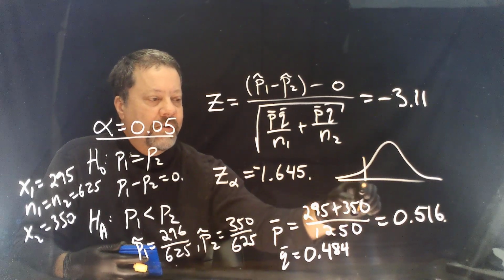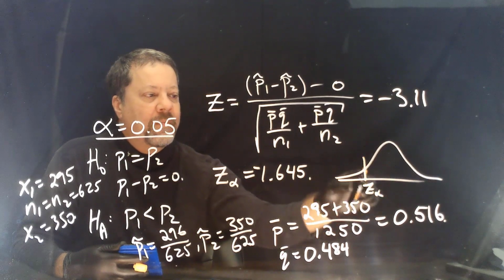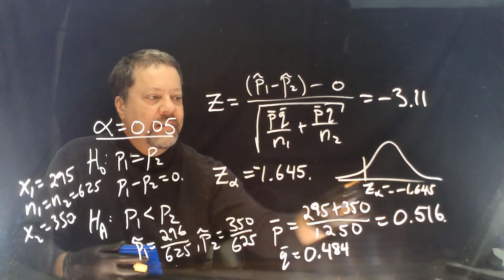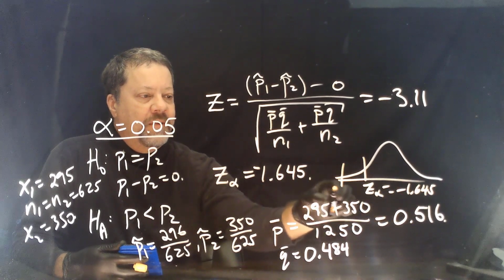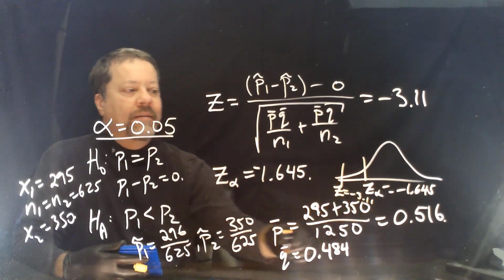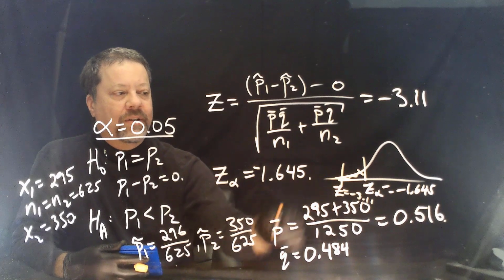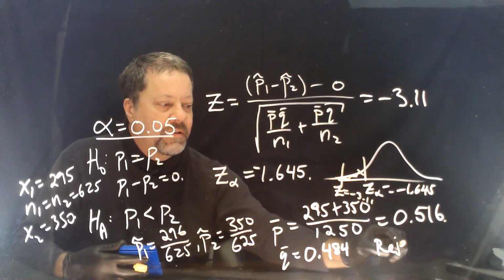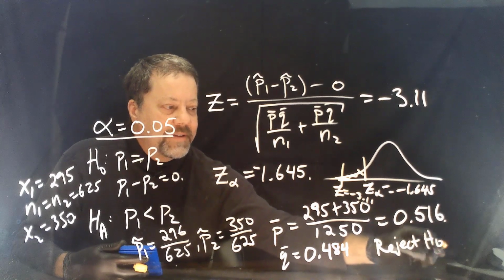So here's our z alpha, the critical z, at negative 1.645. The z that we calculated is way over here at negative 3.11. We're definitely in the critical region, and therefore we reject the null hypothesis.